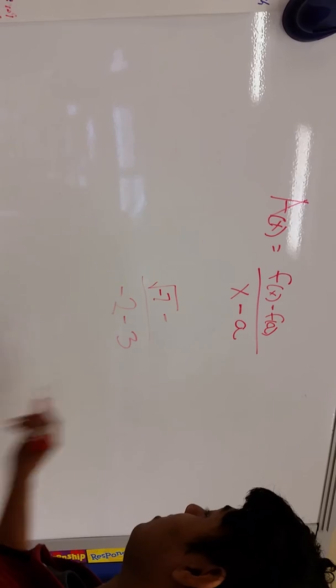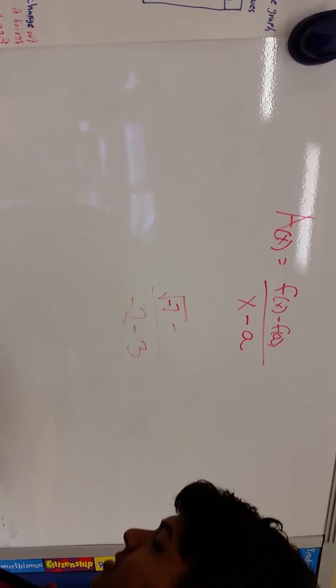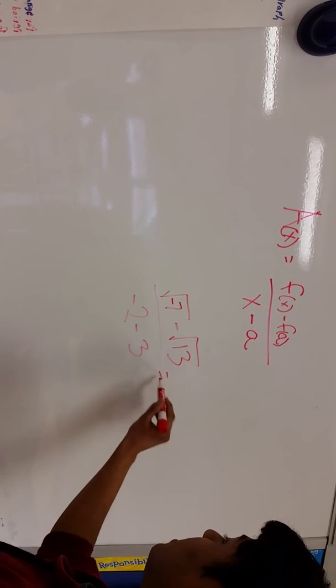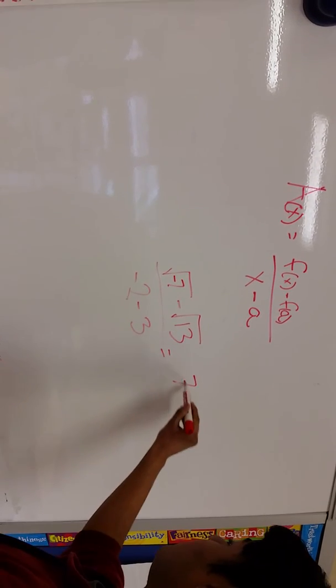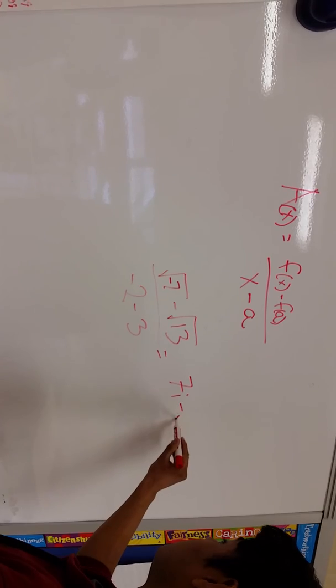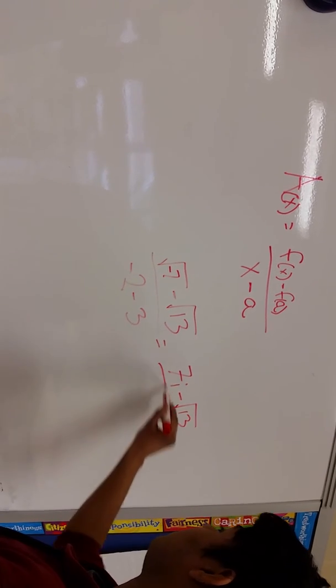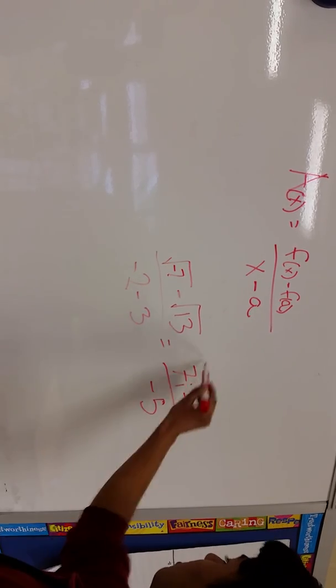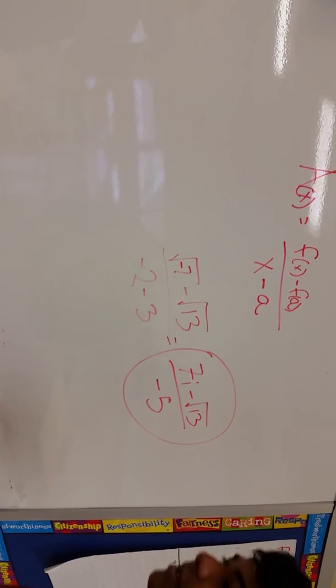When you plug in a 3, you get the square root of 13. This simplifies to 7i minus the square root of 13 over negative 5. And that's our answer.